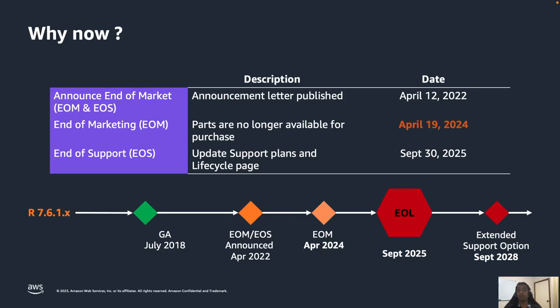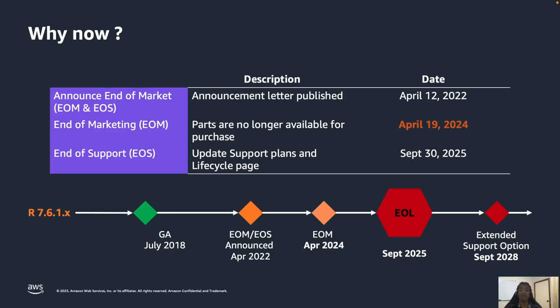Right? Now, more importantly, post September 2025, which is the end of life for Maximo 7, fixes and patches and telephone support will also no longer be available for Maximo 7.6.1x. Right? So it is quite clear that the path forward for all Maximo EAM customers is to trade up to the IBM Maximo Application Suite or IBM MAS 8.